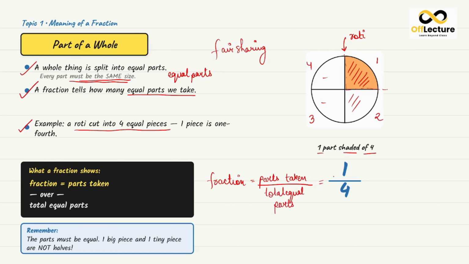That is equal to parts taken, this one which is shaded, which is 1, over total equal parts, which is 4. And remember that parts must be equal. A big piece and a tiny piece are not equal halves.